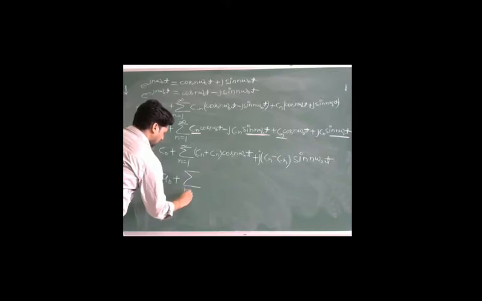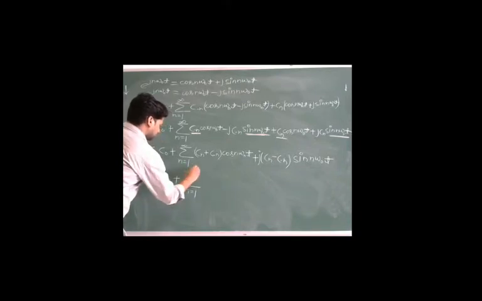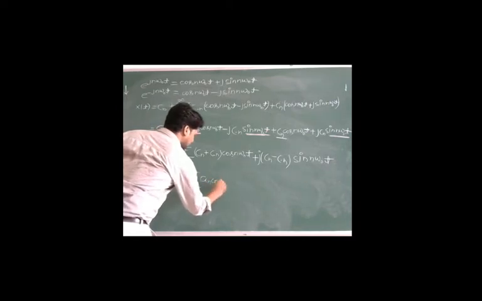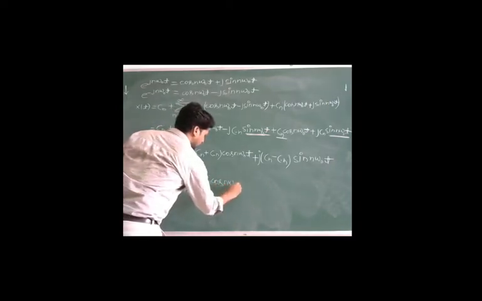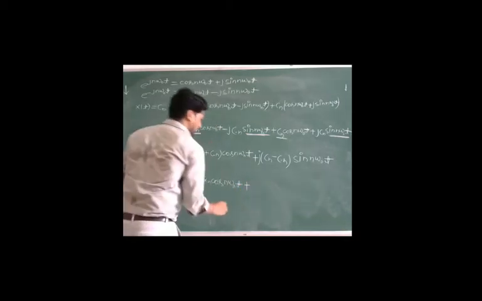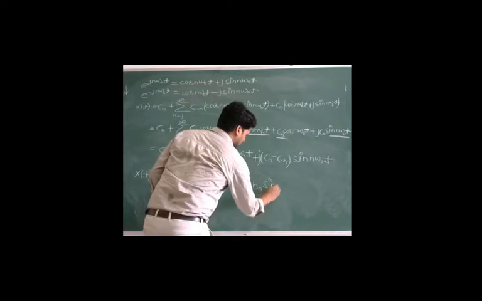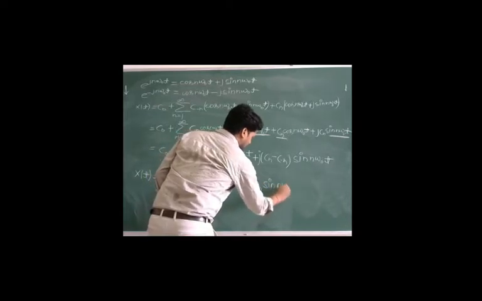That can be written in the form of sine and cosine signals as a naught plus sigma n is from 1 to infinity a n cos n omega naught t plus b n sin n omega naught t.